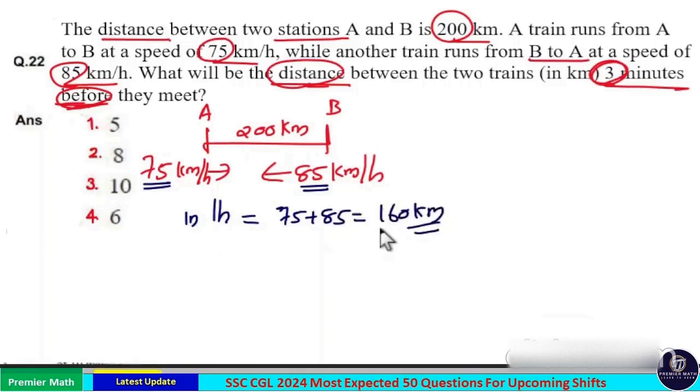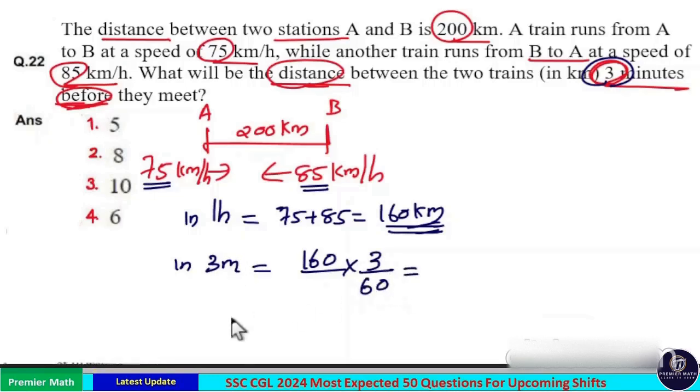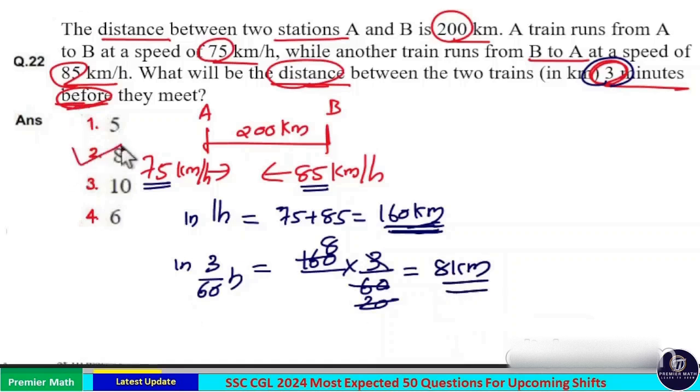In 1 hour, if these two trains cover 160 km, so in 3 minutes, that is 3 by 60 hour, they will cover 160 into 3 by 60 kilometer. 3 goes 20 times in 60, 20 goes 8 times in 160. So 8 kilometer. Option 2 is your answer.